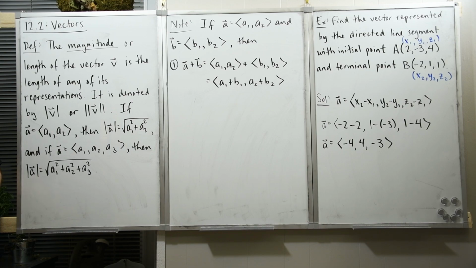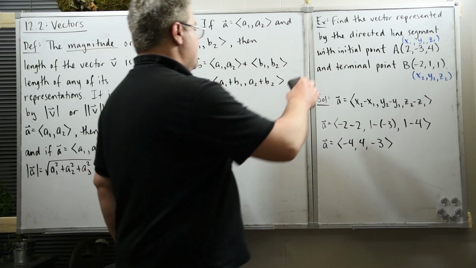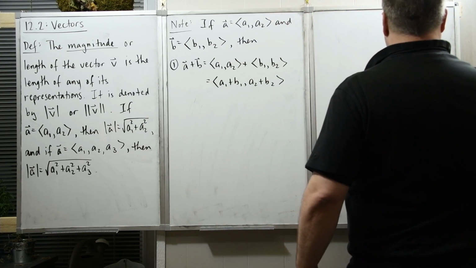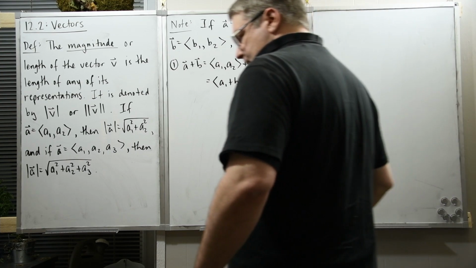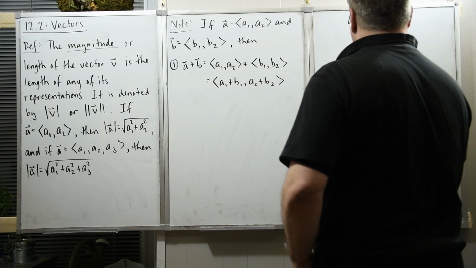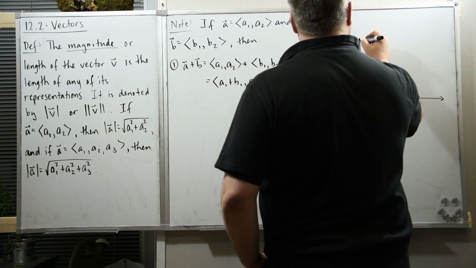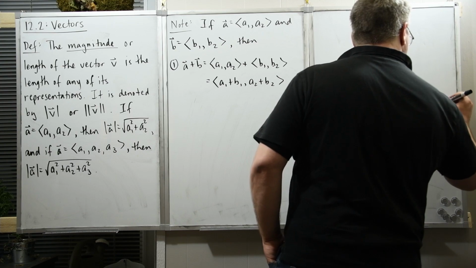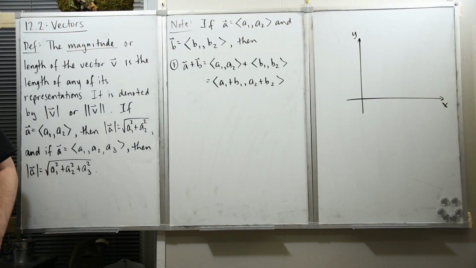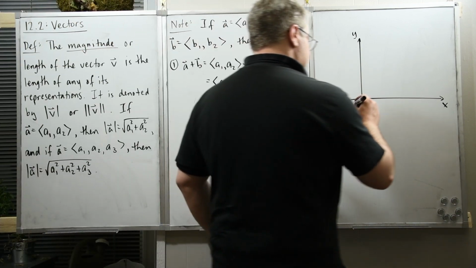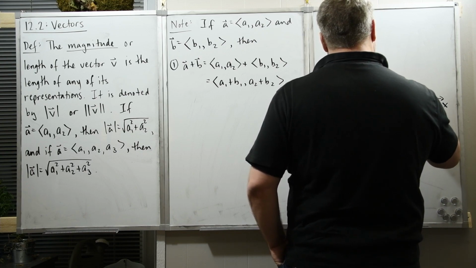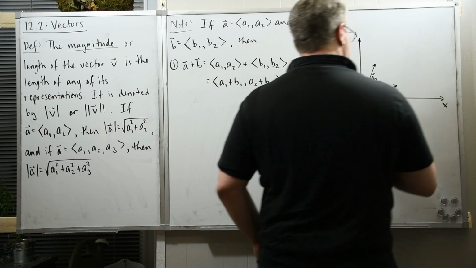Now, one way to visualize what's going on here is if you have, let's say, two vectors in two-dimensional space. Suppose we have the vector A that looks something like this, and the vector B that looks something like this.